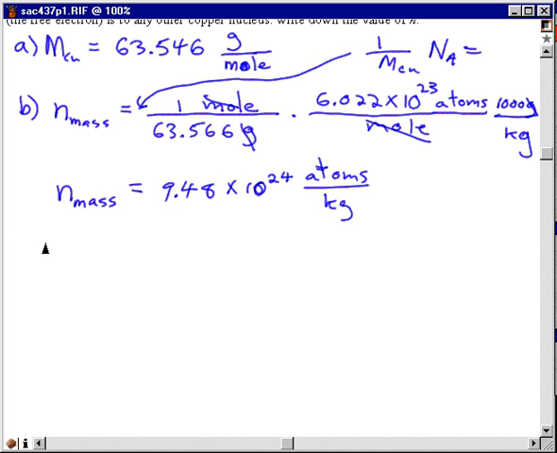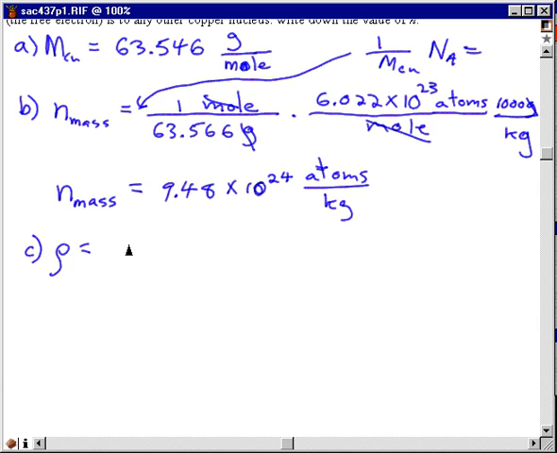Look up the density of copper. I found that in volume 1 of your textbook, the Giancoli textbook, the one we're using the year I'm writing this solution out. I looked up density in the index.